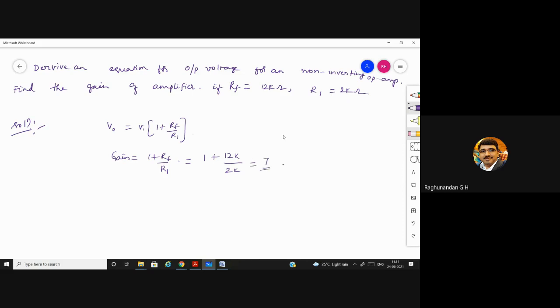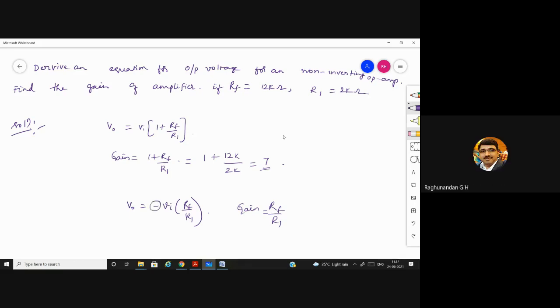7 is the gain. What if, instead of non-inverting, they ask for inverting? What is the formula? Minus Vi into Rf by R1. So what will be the gain formula? Rf by R1. Is the gain Rf by R1 or minus Rf by R1? Minus Rf by R1.